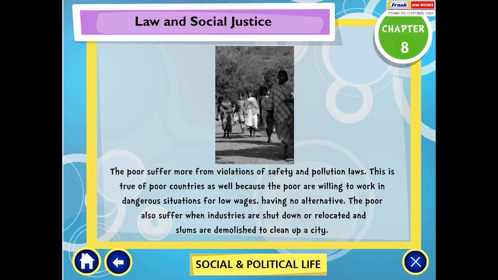The poor suffer more from violations of safety and pollution laws. This is true of poor countries as well, because the poor are willing to work in dangerous situations for low wages, having no alternative. The poor also suffer when industries are shut down or relocated and slums are demolished to clean up a city.